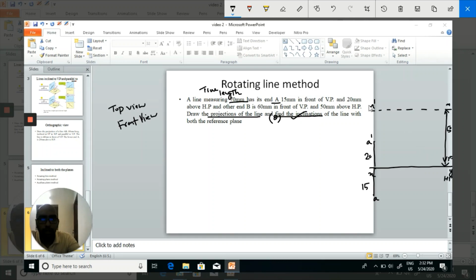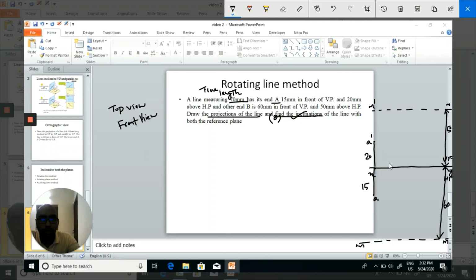So somewhere on M dash M we have the front view of the point B. Then again we have to draw the locus of the point B. Let this line be MM. Now somewhere on the MM locus line we will have the top view of the point B. This is 60 mm below the reference line, which is given.